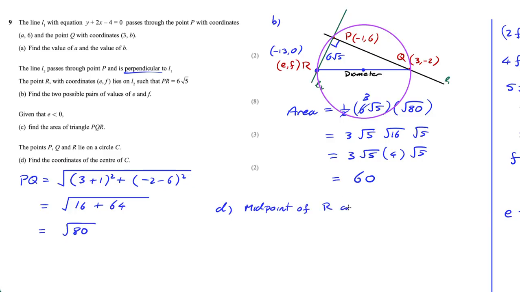So it's minus 13 plus 3 over 2, comma, 0 minus 2 over 2, which gives me minus 10 over 2 is minus 5 and negative 1. That, guys, is question 9.